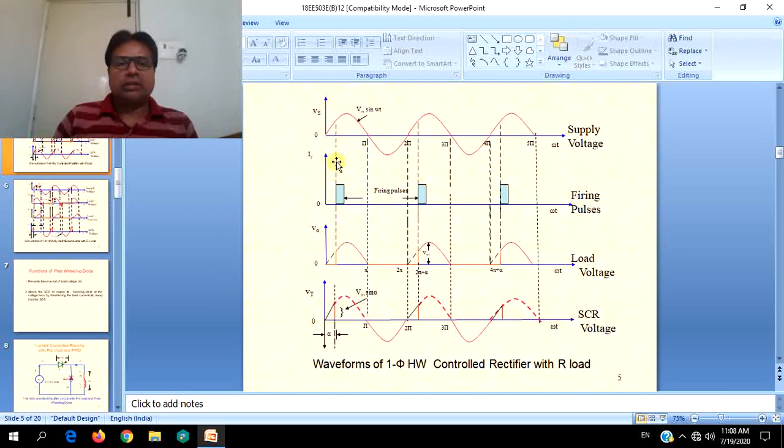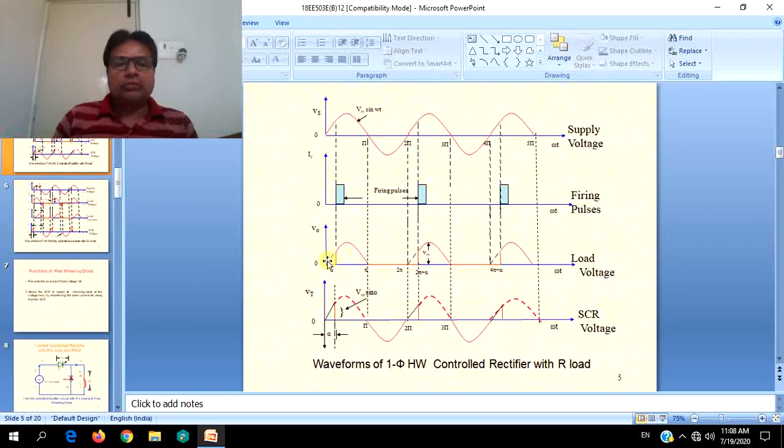This is where the gate triggering pulse is given, and up to that instant, from 0 to alpha, the total supply voltage will be blocked by, or will be available only across, the SCR.